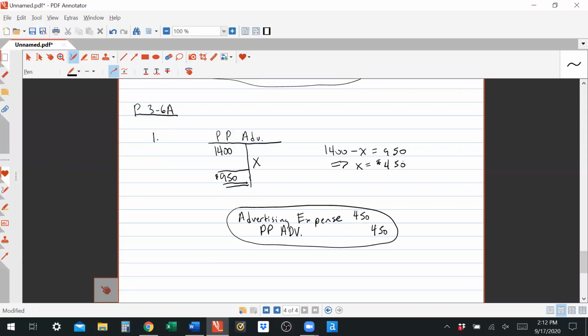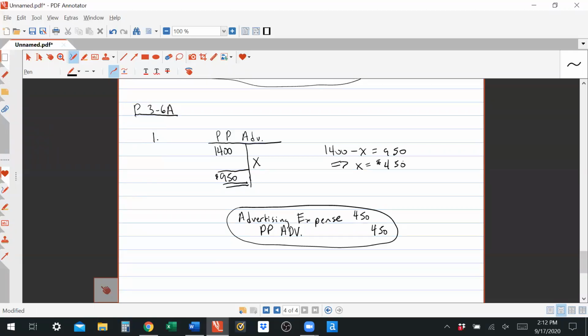Now, prepaid advertising, what is that? It's just like prepaid rent, prepaid insurance. You're a company, and you want a local television station to air a commercial for your product over the next year, and you work out the terms, like the commercial will air once every 2 hours, every day of the week.